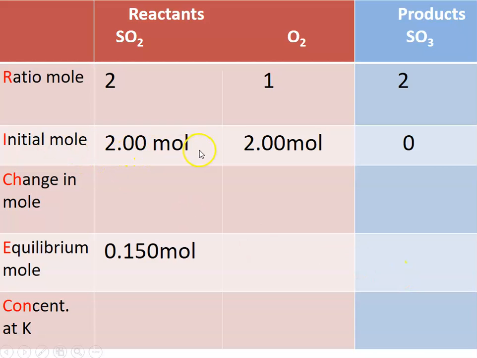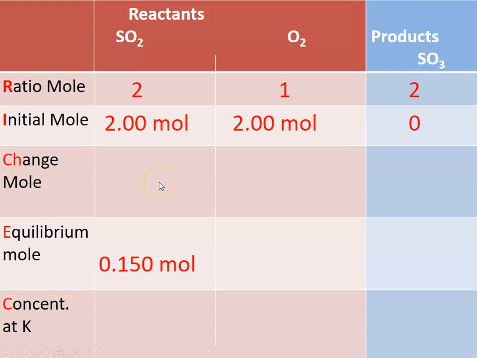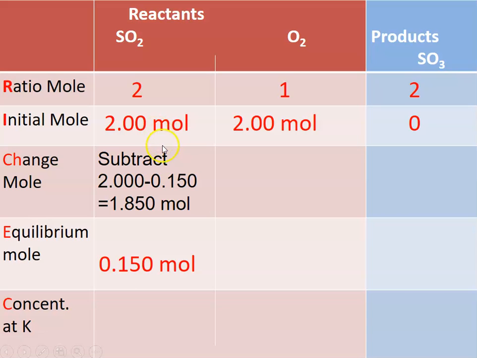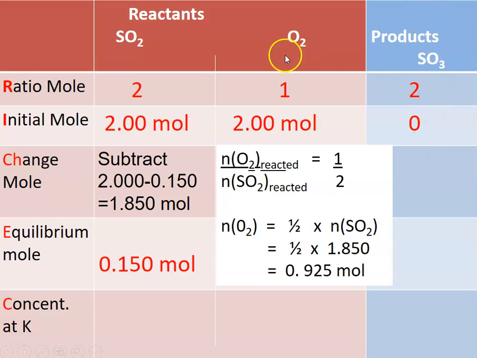So we need to know what's gone on with these moles and how much of that we're going to make. The first thing that we need to do is work out how much of this has reacted. If we started with 2 moles and we're left with 0.15 moles, then clearly 1.85 moles of this turned into sulfur trioxide. We need to work out how much of the oxygen has reacted with that in order to make that sulfur trioxide.